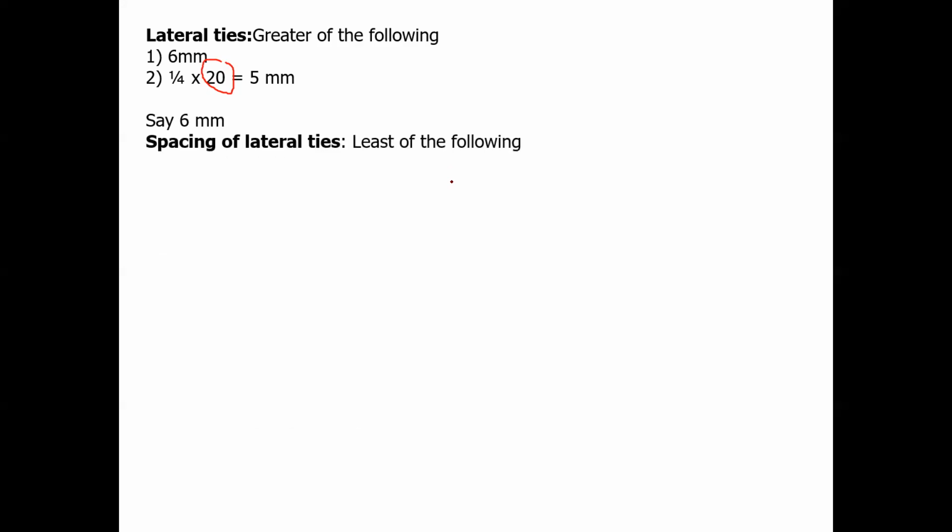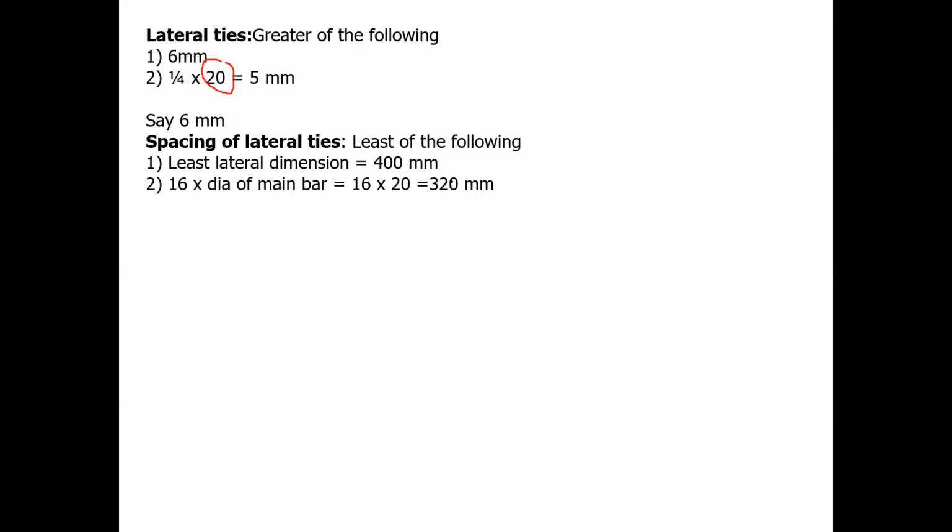Next, take down spacing of lateral ties. Spacing of lateral ties is the least of the following. That first one, least lateral dimension, for 400 mm.